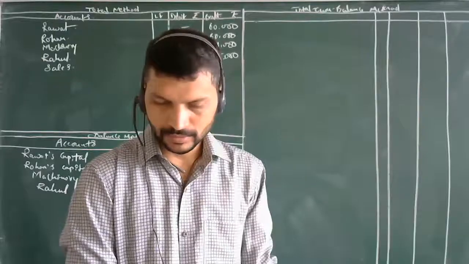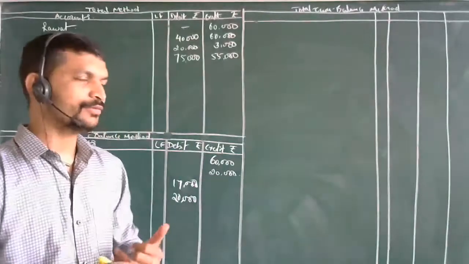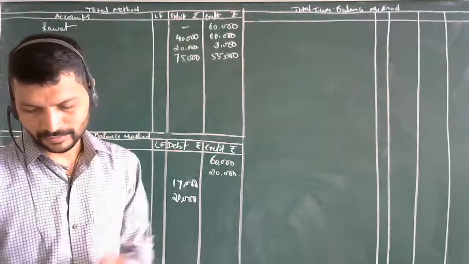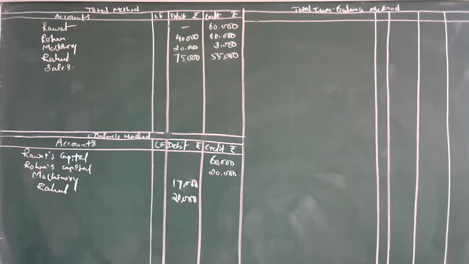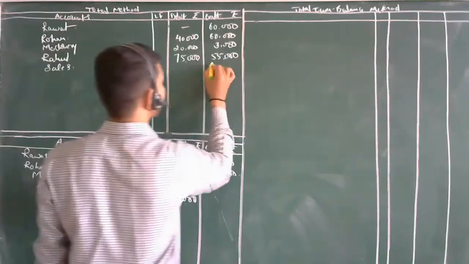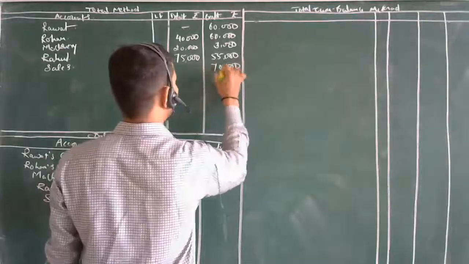Revenue, not profit. You can't say profit, revenue. So what is the rule for revenue? Increase in revenue is credited and decrease in revenue is debited. So what will the sales be over here? Credit. Now you got the things. Sales 70,000 is credited.